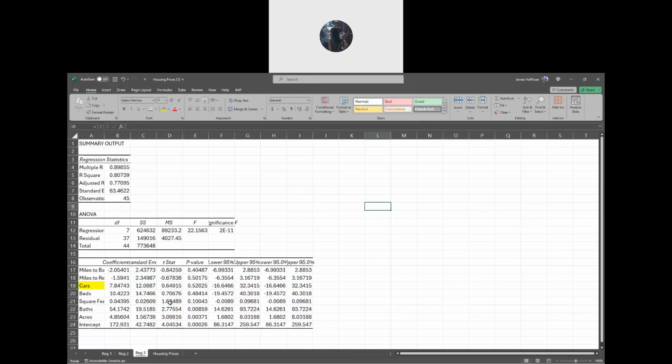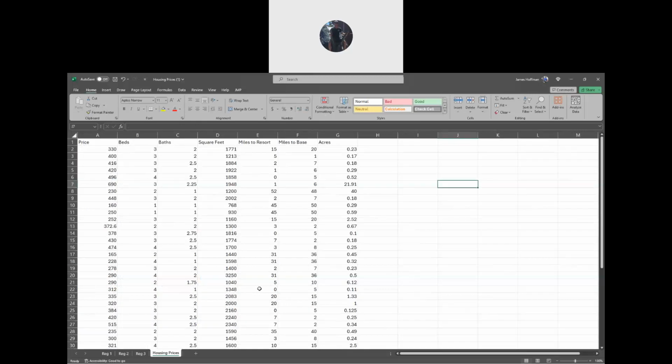There is a chance that one of these variables would be captured across the other ones. So there's a chance that not just square feet is significant. I know from doing this before that it's not going to be, but it illustrates the process if you do it like this. So why don't we take out cars? We took out cars, and then run it again.